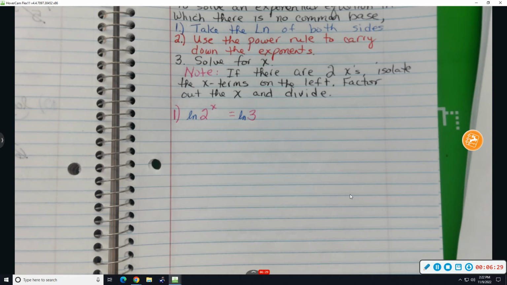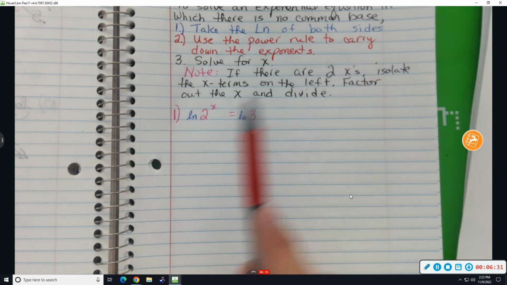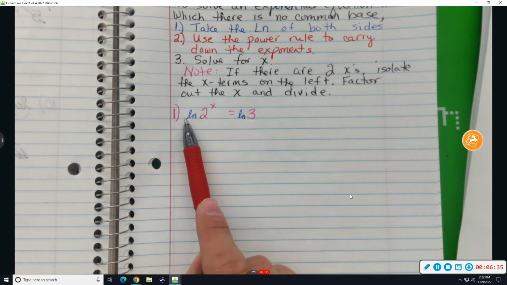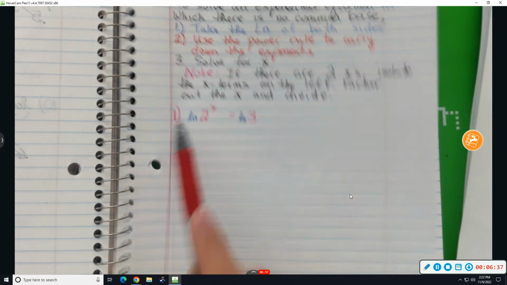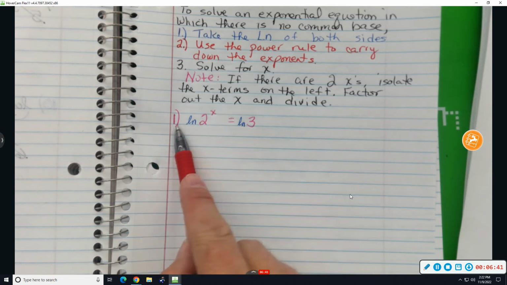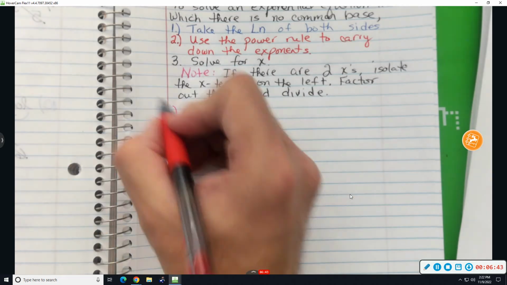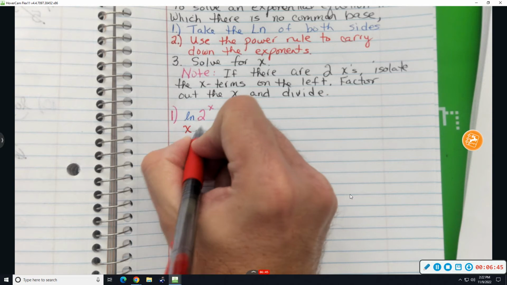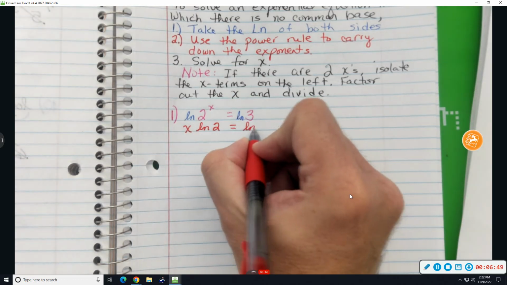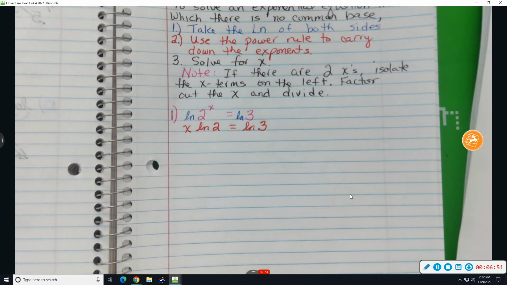Now that I've done that, I can carry the exponent down to be in front of the ln. So move the exponent down in front. Put it in front of the letter L. So it's x ln 2 equals ln 3.